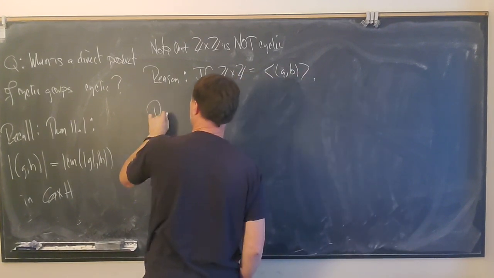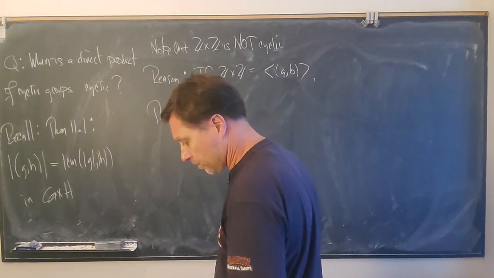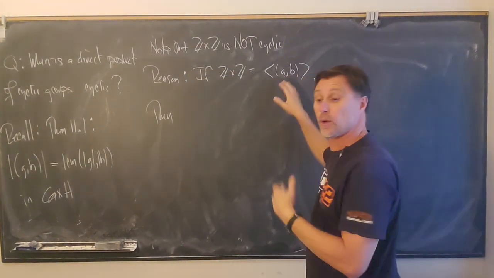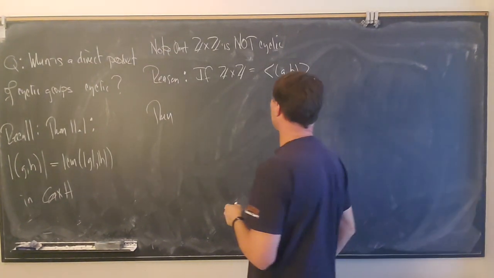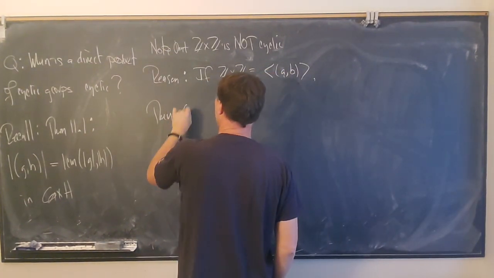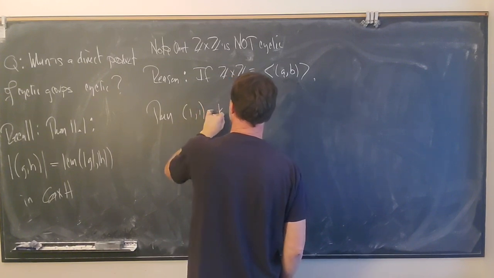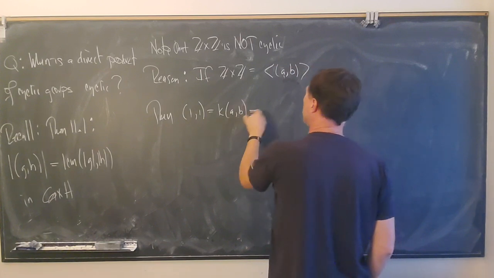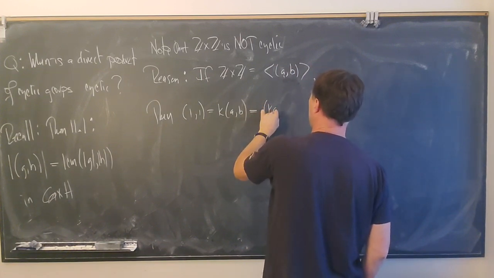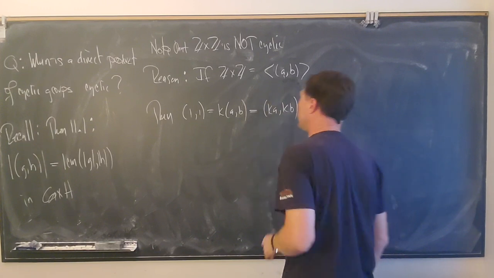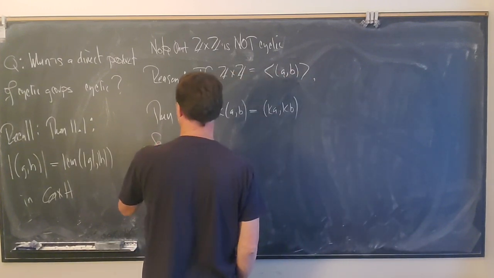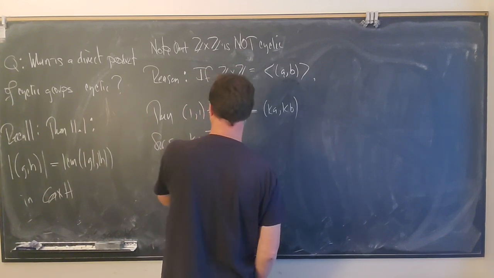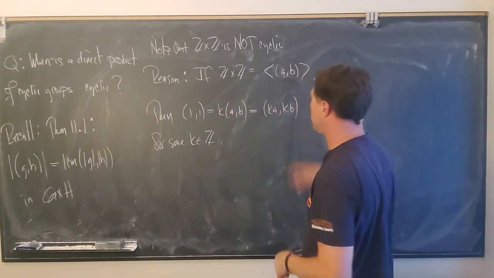Then what would that tell us? Well, being a generator would have to give us every possible element in Z cross Z, so that would tell us that (1, 1) is equal to k times (a, b), which is (ka, kb) for some little k in Z. That's what it means to be a generator.